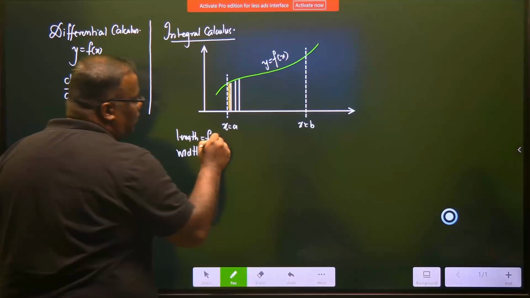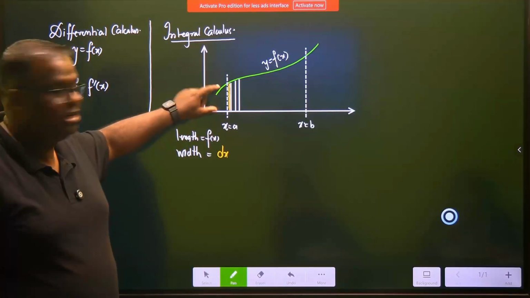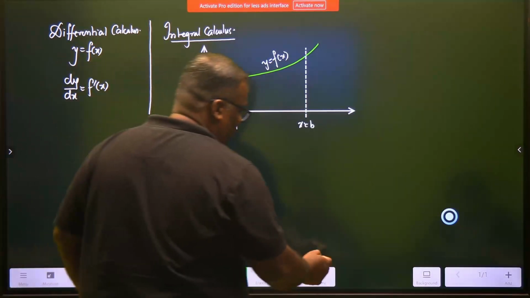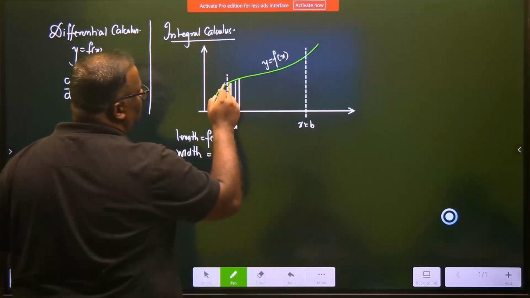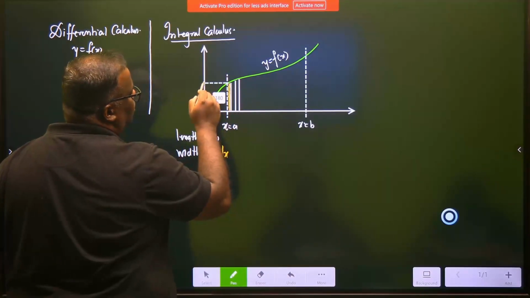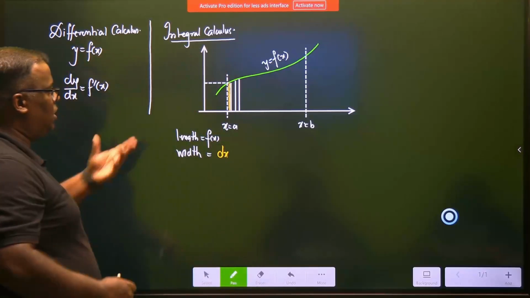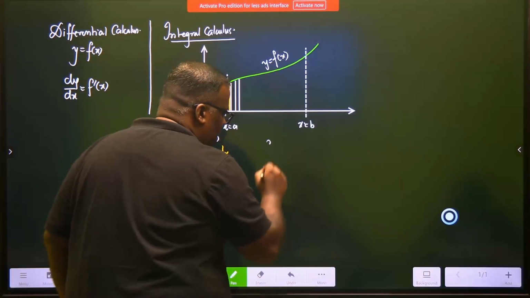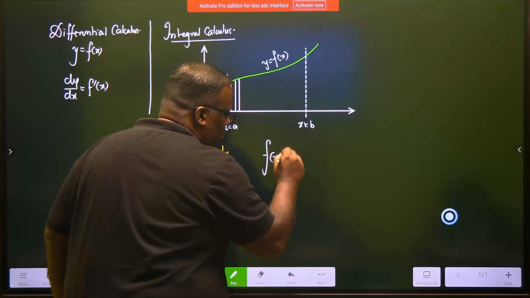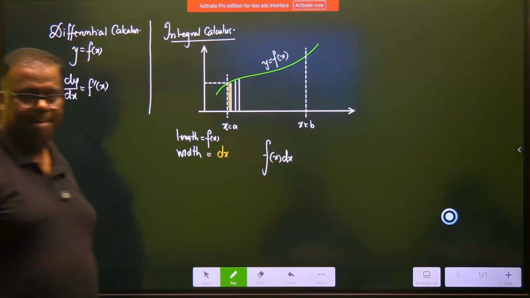Is it not f(x)? If I plot the function here, this height is f(x). So what is the area of this particular rectangle? The area of this rectangle would be f of x into dx. Do you agree?